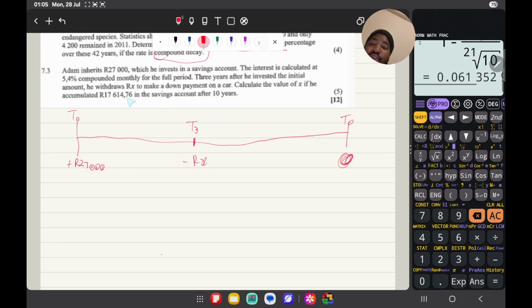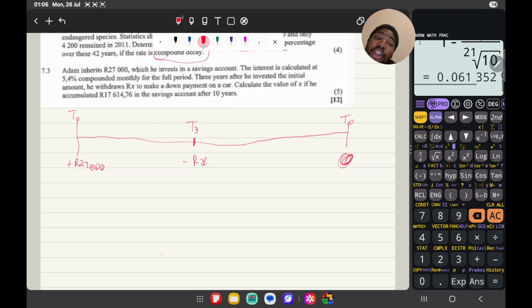So what we can do is, we know the money that is in the account 10 years from the initial investment. Ten years later he has 17,614. So we can try to find the amount that was in here, the amount that accumulated to 17k.